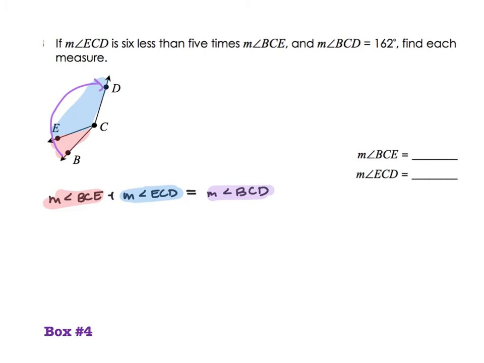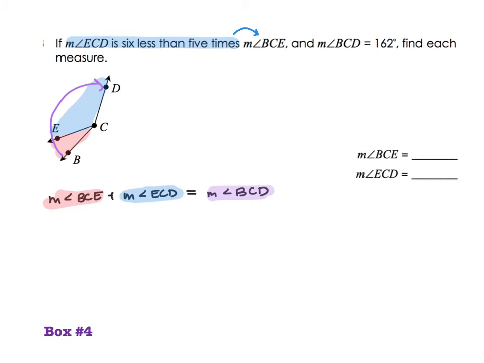Now, going back to my statement, this part, and I'll highlight it in blue, that one's confusing because it says 6 less than 5 times. 5 times what? Well, they're talking about 5 times this one here.